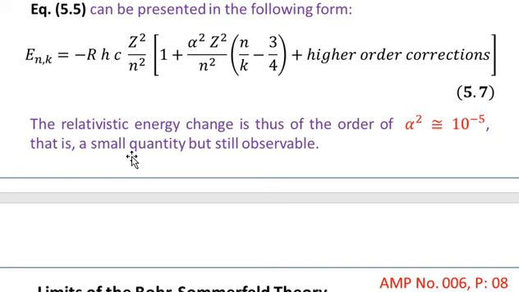This is a small quantity but still observable. So the second term is very small but still observable, and a small correction due to the change of relativistic mass has been included by Sommerfeld. The higher terms can be computed, but at present these higher terms are not important.